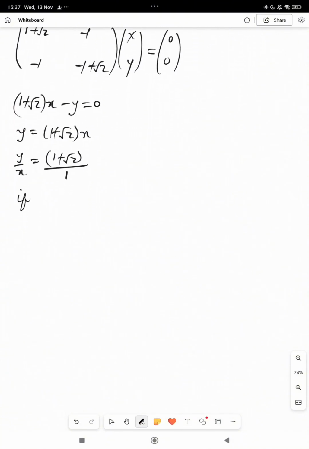So if y is equal to 1 plus the square root of 2, then our x will be equal to 1. So we found our v1, which is 1 and 1 plus square root of 2.